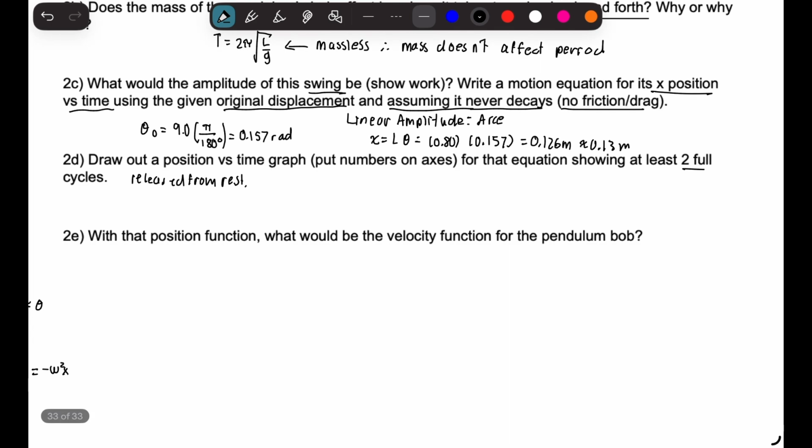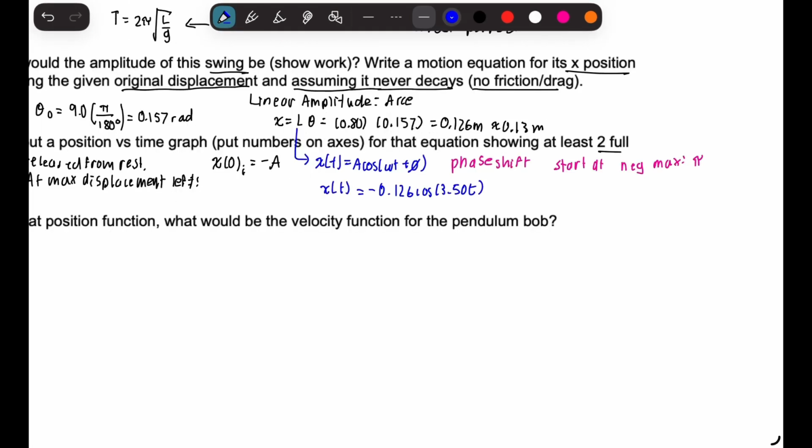If it's released from rest at the max displacement left, that means that our initial position is going to be negative. So you have your equation: x of t is equal to negative 0.126 cosine 3.50 t.